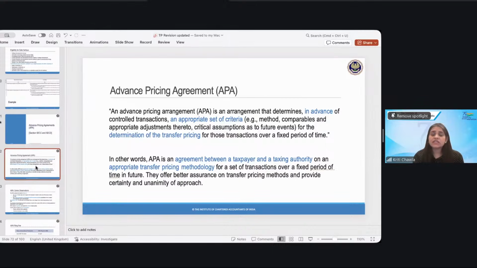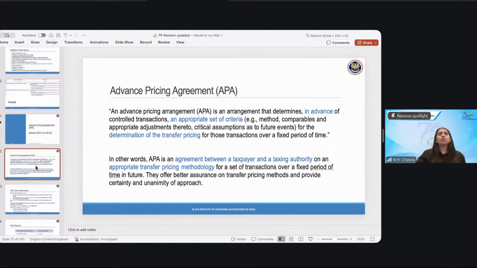If you look at APA, it's more like an arrangement, and it determines in advance of the controlled transaction an appropriate set of criteria. So it's going to determine the methods, the comparables, appropriate adjustments, critical assumptions, etc., for the determination of the transfer pricing for those transactions over a fixed period of time.